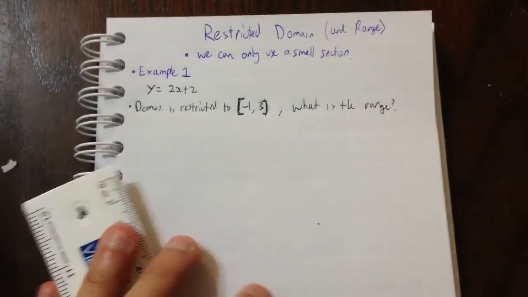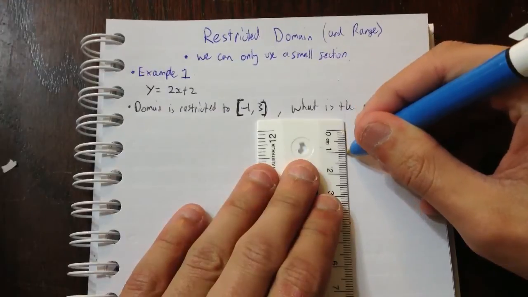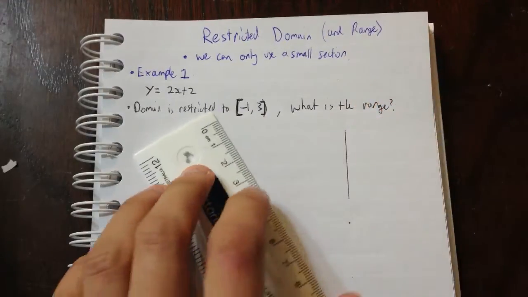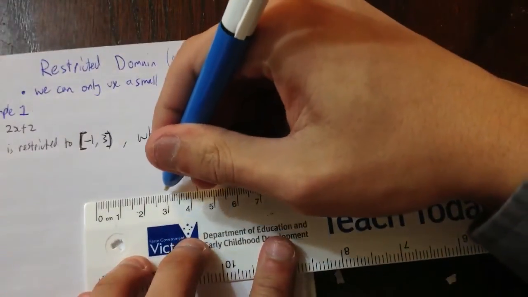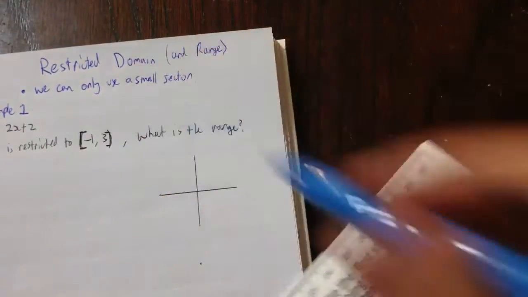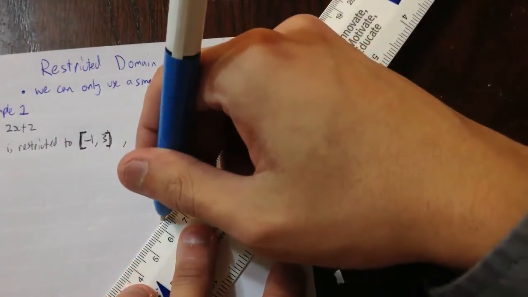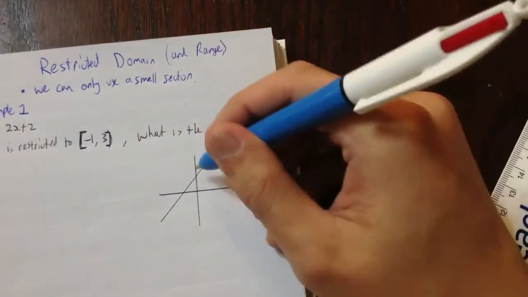Okay, how do we do this question? First, I'm going to draw you a graph so you get an idea of what's going on. The domain is restricted to -1 to 3. We have a graph of 2x plus 2, so let's draw it first. It's a straight line.